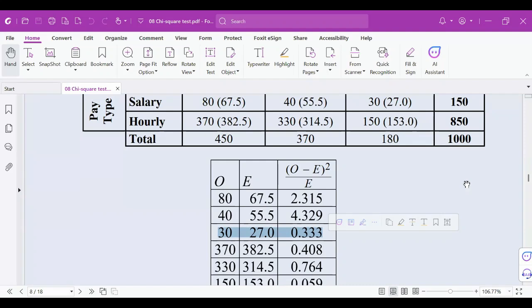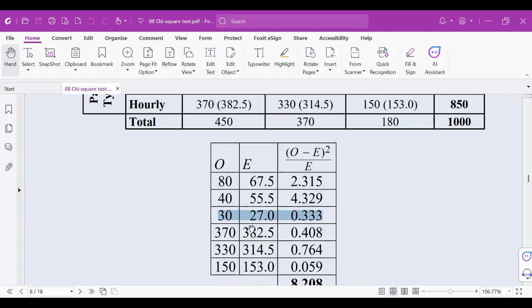0.333. 0.333 is correct. Great. The next one: 370 minus 382.5, all squared, divided by 382.5, to 3 decimal places. 0.408.